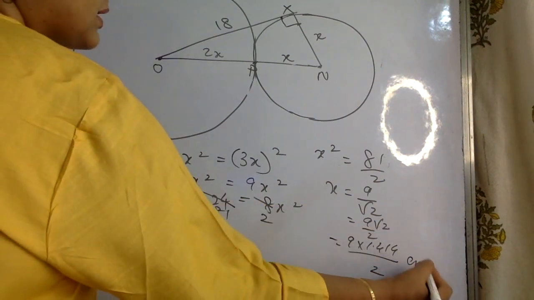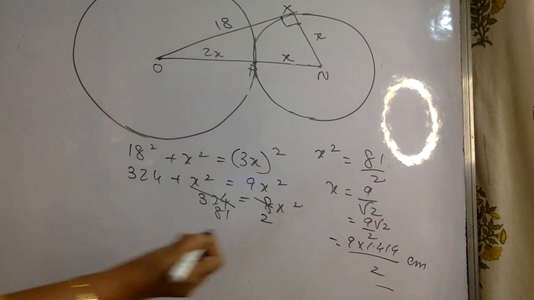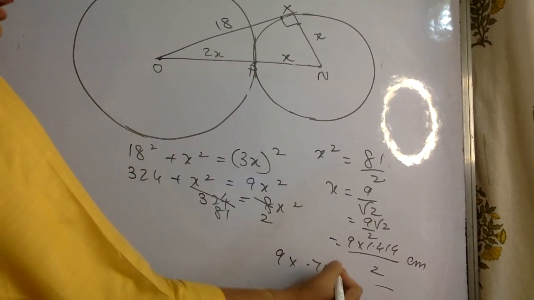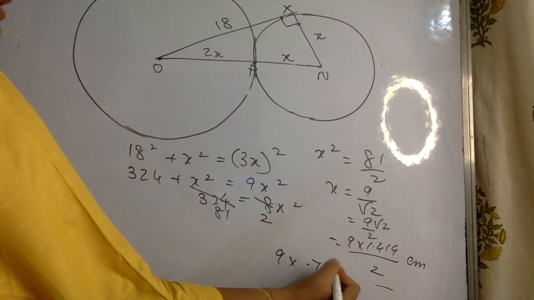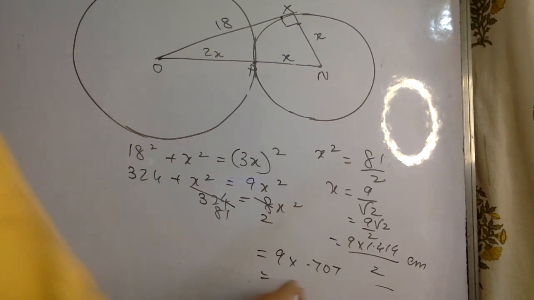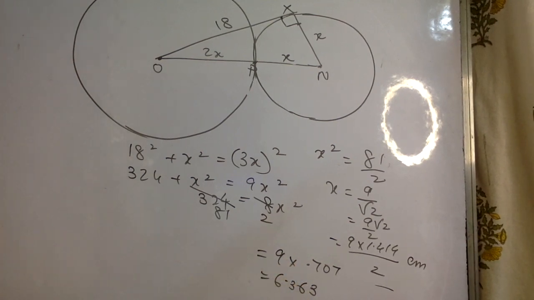I'm not calculating it anymore, you can calculate it. If I calculate it, it becomes 9 into 0.707, so that makes 6.363, or you round it off, it makes 6.4 centimeters, something like that.